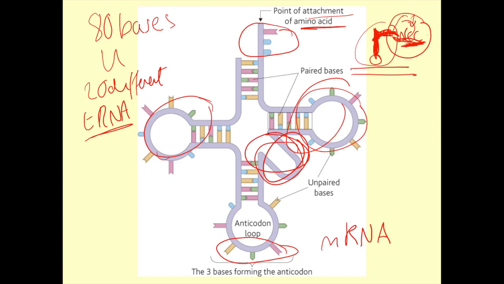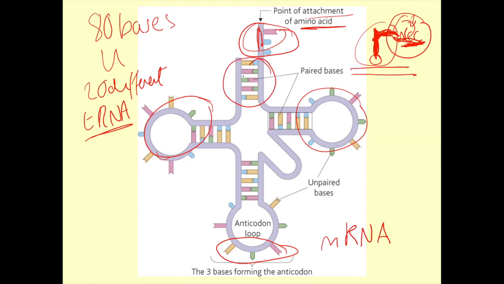But the general shape you need to be aware of is that it's clover-leaved. At this point here, it's single-stranded. At this point here, it's double-stranded. At this point here, it's double-stranded. Then it's single-stranded. Then it's double-stranded. So you can see what we said before about it being rather a special case.